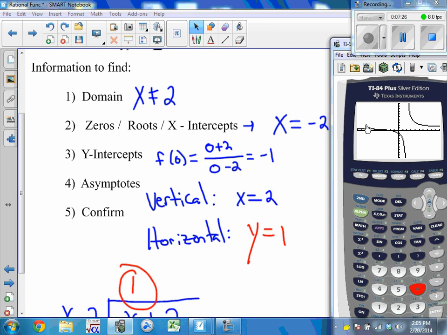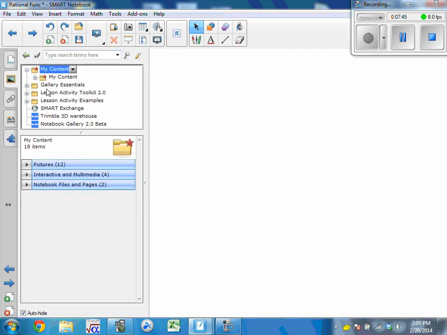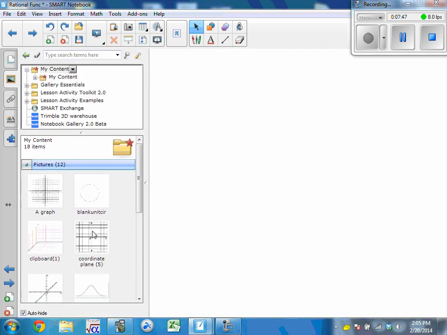Our horizontal asymptote is at 1. It doesn't cross there. My x-intercept, or my root, is at negative 2. It crosses right there. And my y-intercept is negative 1. It crosses right there.